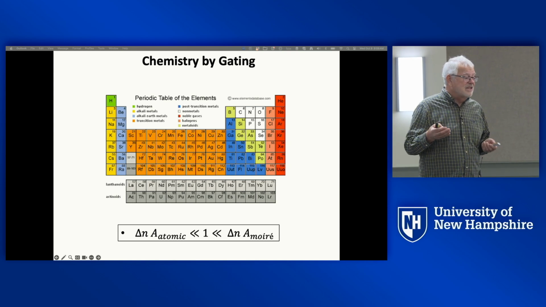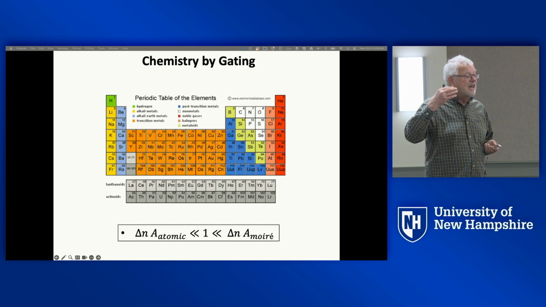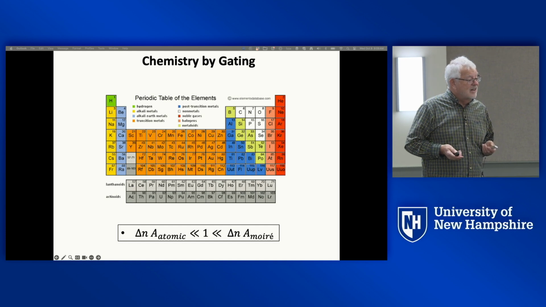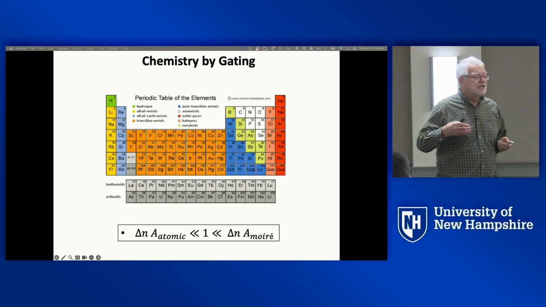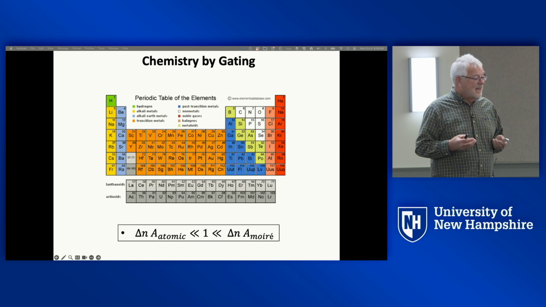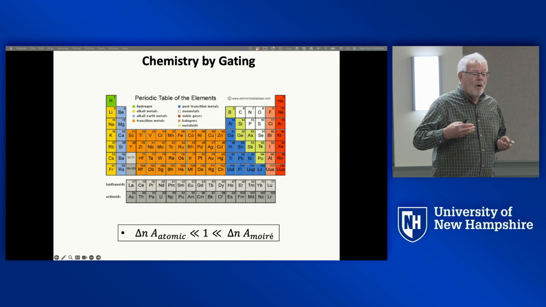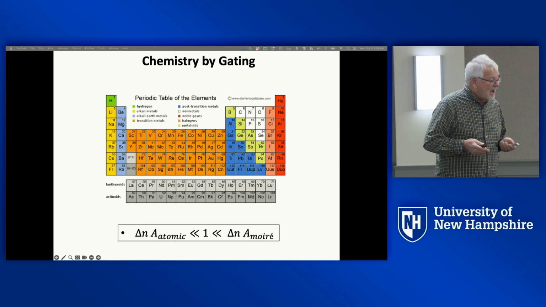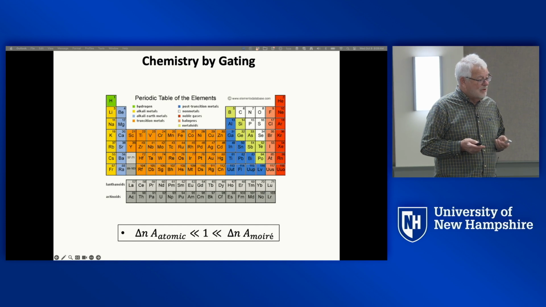So it turns out the physical limit in a field effect transistor, as this is called, is that you can change the number of electrons by about 1 electron, let's say, per 1,000 atoms or so. That's the most you can do.